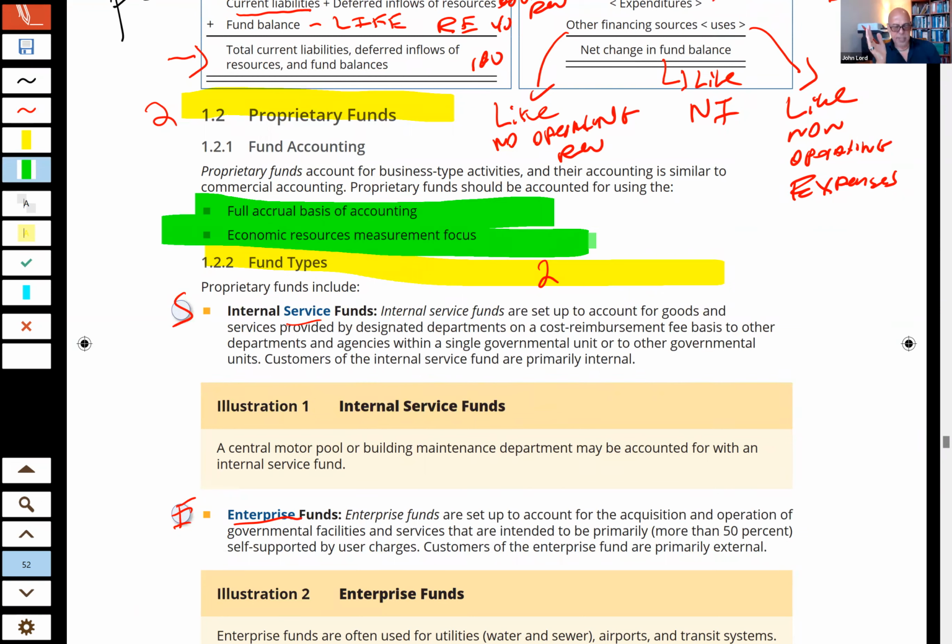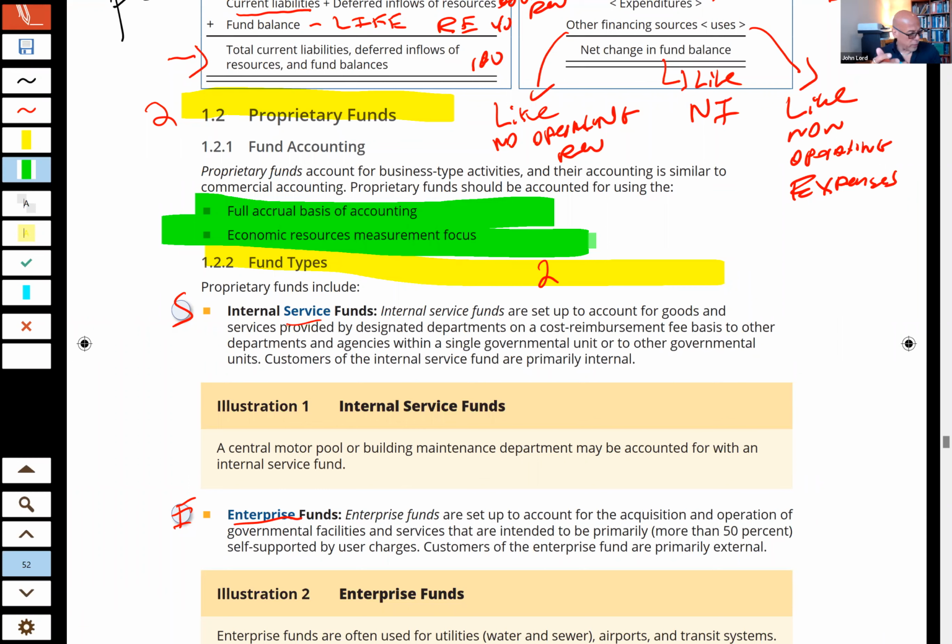When we get to the specific accounting for these proprietary funds, you're going to say, oh boy, this is easy, because I know full accrual accounting very well, and there's nothing complex about how they account for transactions in these funds.